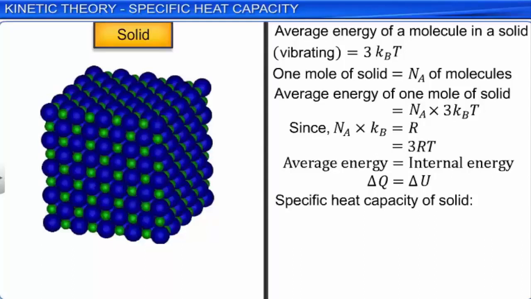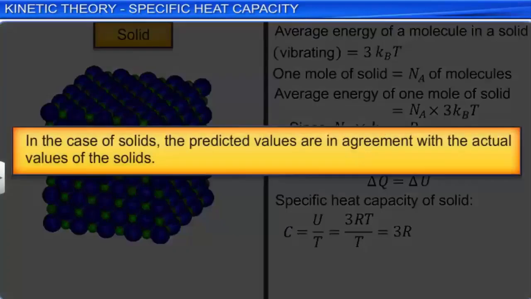C is equal to U by T equal to 3RT by T. Thus, we get the specific heat capacity of the solid as 3R. In the case of solids, the predicted values are in agreement with the actual values of the solids.